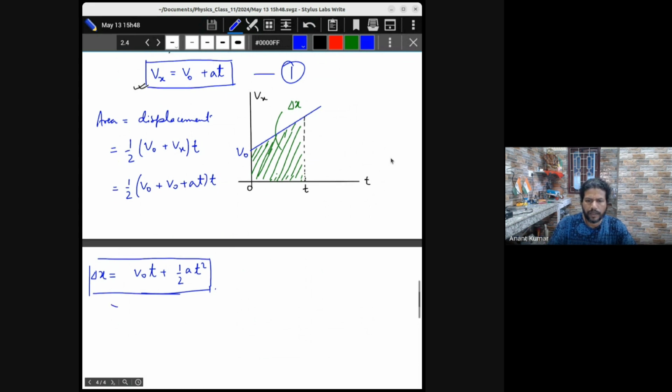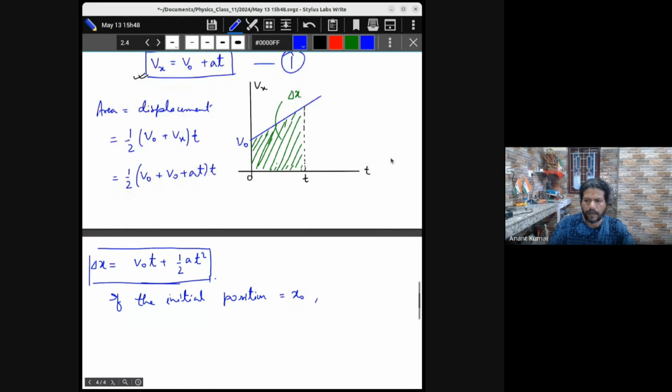Just to finish it up, if x naught is the initial position, some fixed value, then the final position, which I'm going to call simply as x at some later time t, can be written down as x equal to the initial position plus a displacement, which is nothing but v naught t plus half at square.